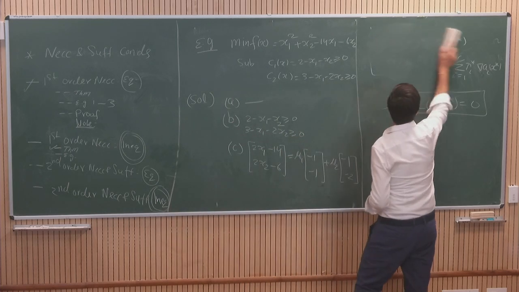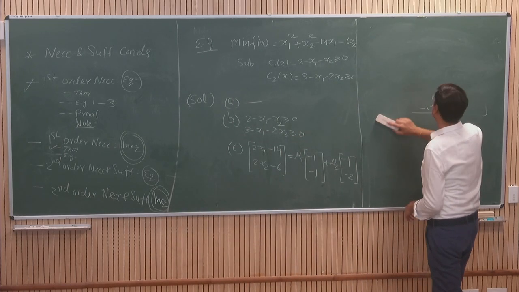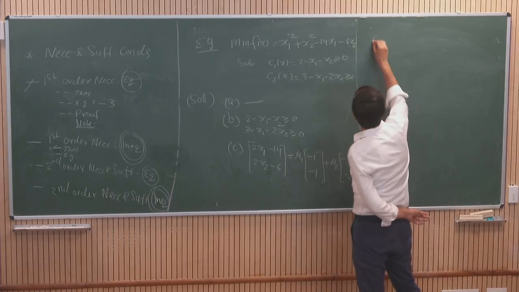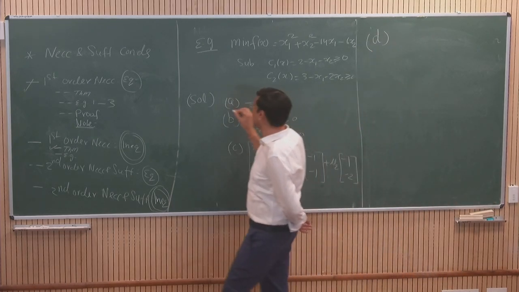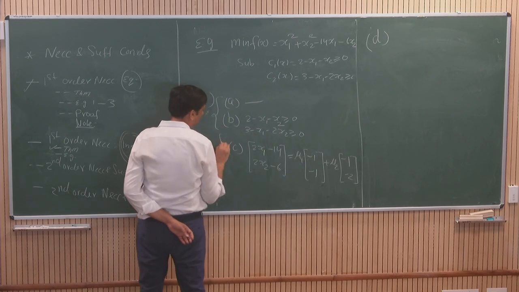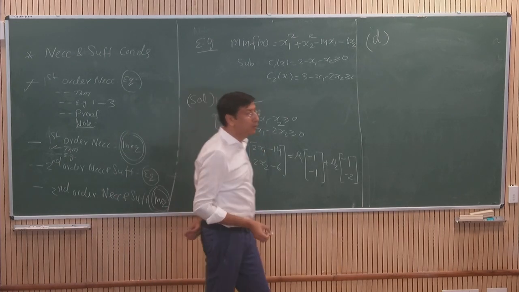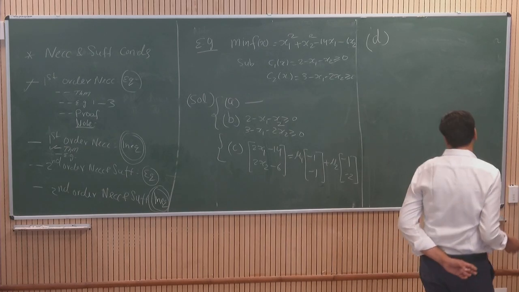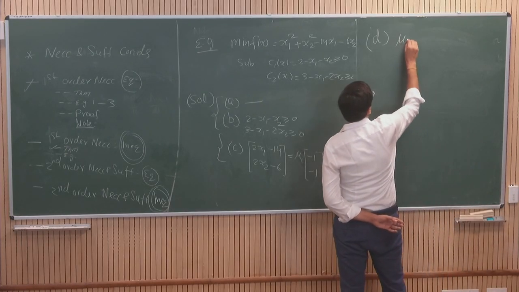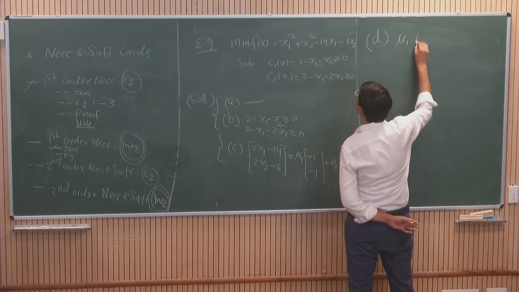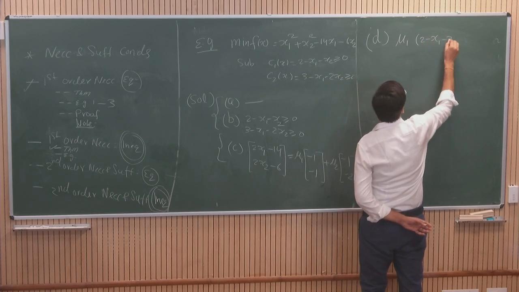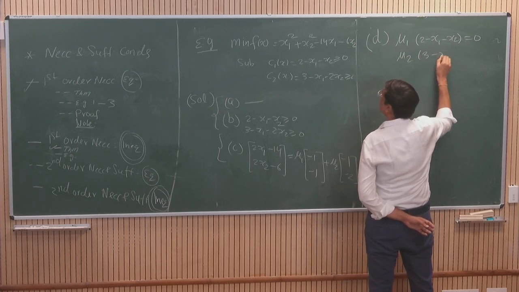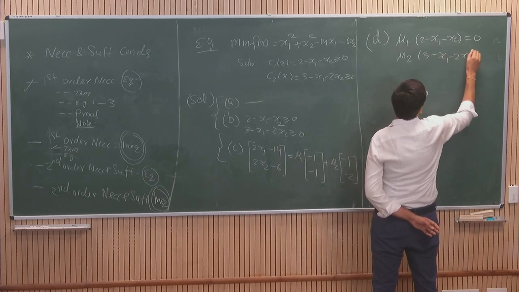What was the C condition? Sorry, the D condition. We wrote the feasibility condition, we wrote the Lagrange multiplier condition, and the fourth condition, the D condition, was the complementarity condition, which says that the product mu1 c1 is equal to 0, so mu1 times (2 minus x1 minus x2) equal to 0, mu2 times (3 minus x1 minus 2x2) equal to 0.